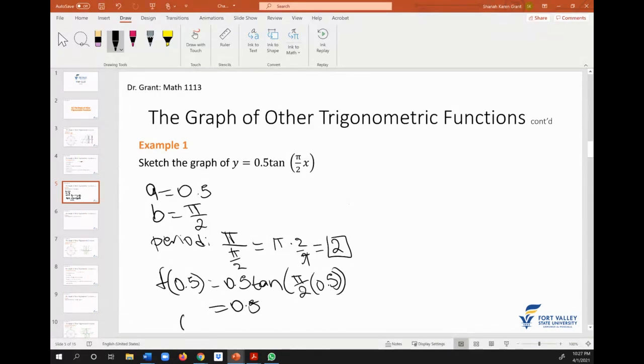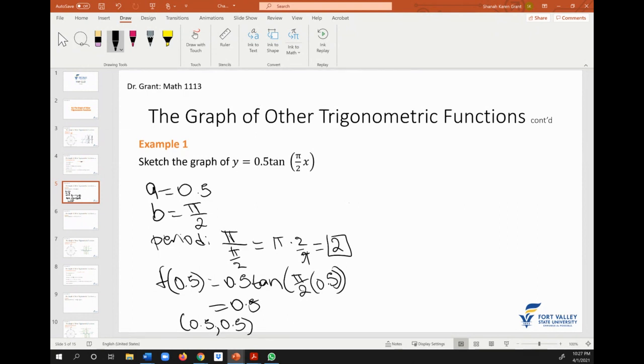So this graph is going to pass through the point (0.5, 0.5). Okay, we can also find other points. If you plug in 0 for x, then you'll get the point (0, 0). And you can keep going. It's really up to you.